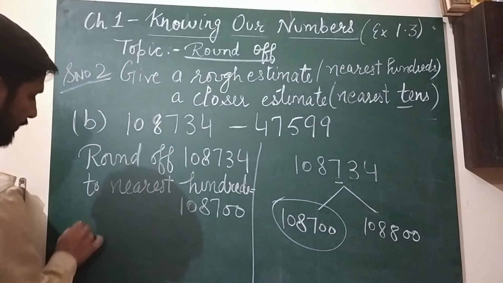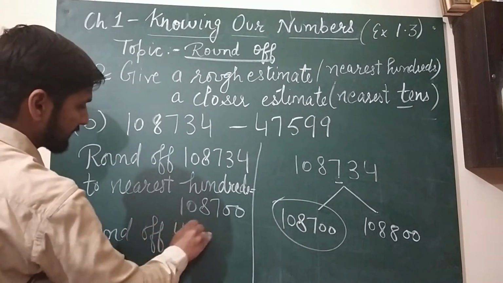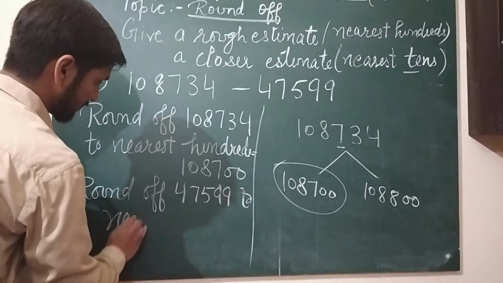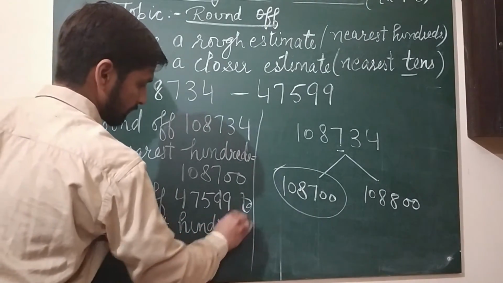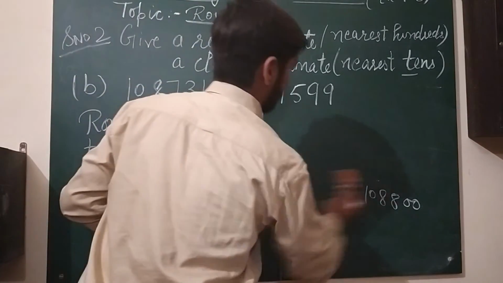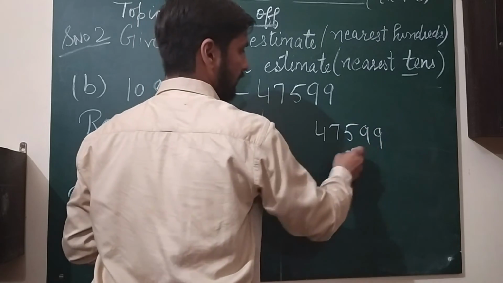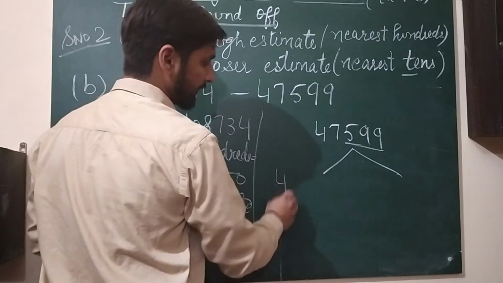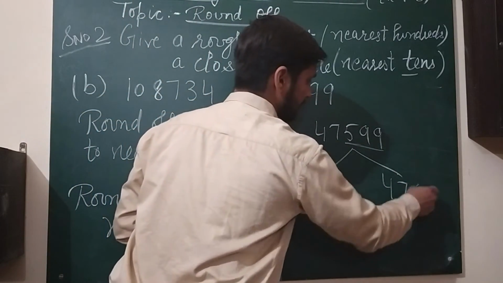Now moving to another number, round off 47,599 to nearest hundreds. If I talk about hundreds, it lies between 47,500 and 47,600.